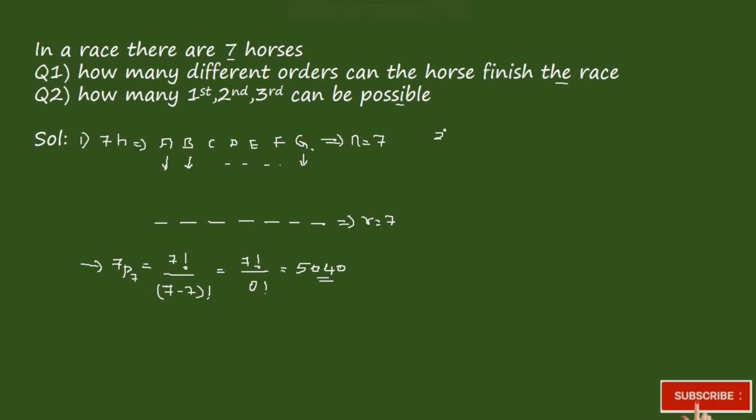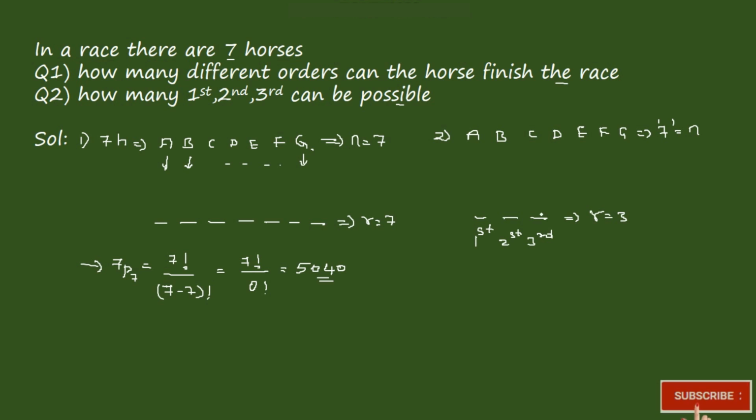Coming to the second question: how many first, second, and third place outcomes are possible? In the case of A, B, C, D, E, F, and G, there are 7 horses, so n is equal to 7. Now they have to reach only first, second, and third places, so the number of places is 3 and r is equal to 3.